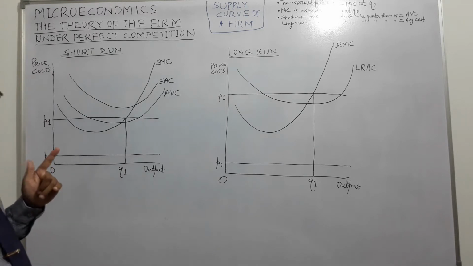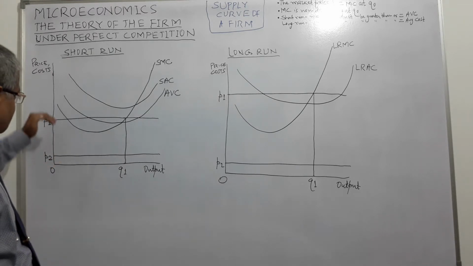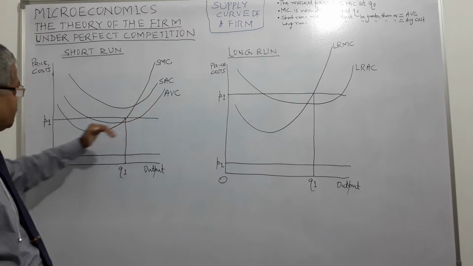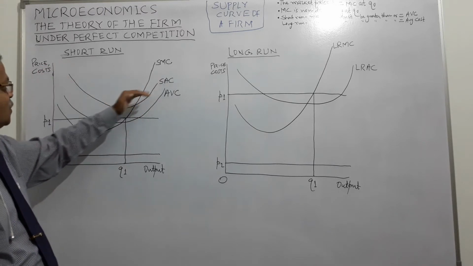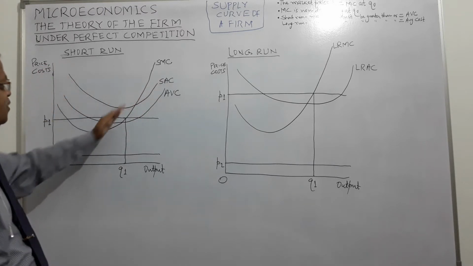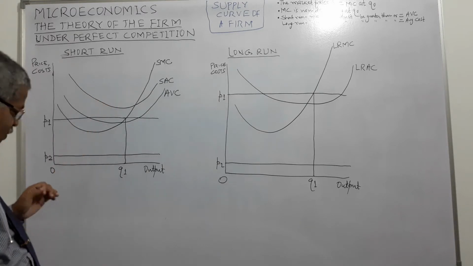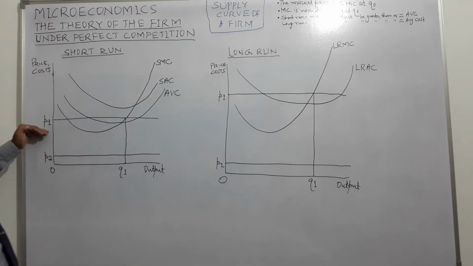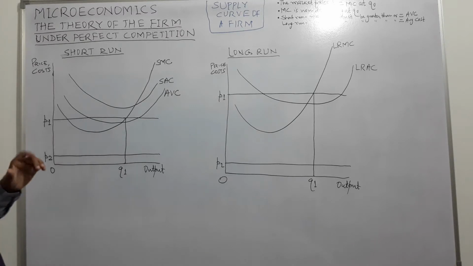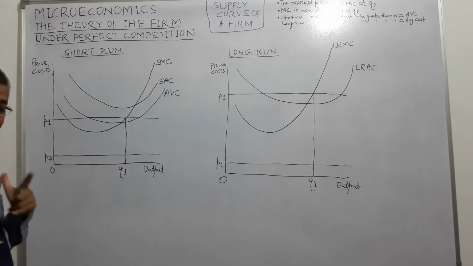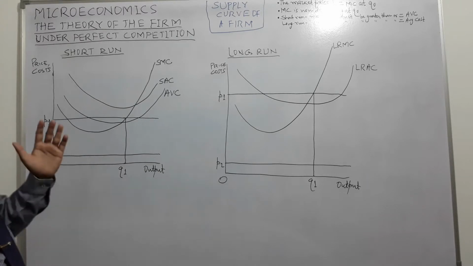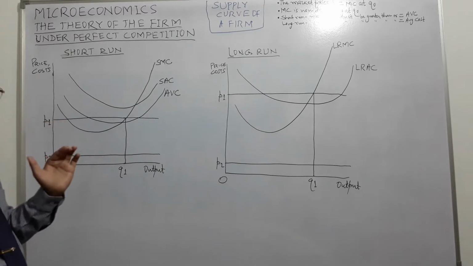In the previous chapters we have seen average variable cost, short run average cost and short run marginal cost. Suppose we take P1 level of price. So how do we know what will be the output level by the firm for maximization of its profits in order to decide the firm's supply curve for the short run?